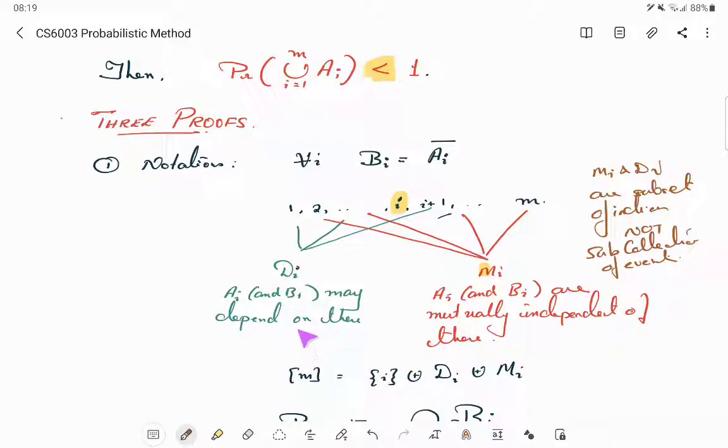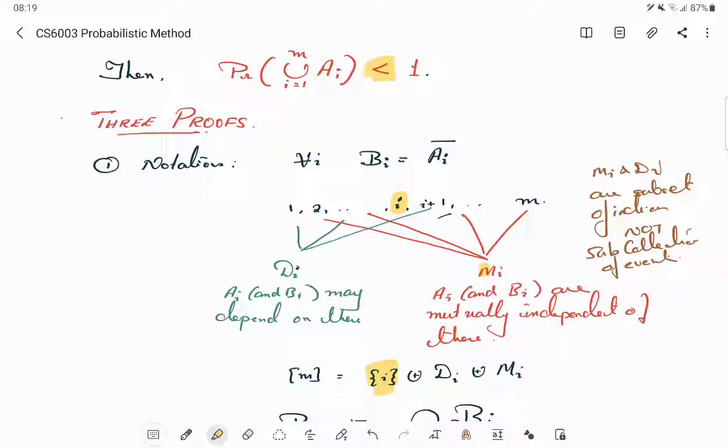But if you want to formally define these, first define Mi and then define Di as the range M minus i minus Mi. Note that this i here is neither in Di nor in Mi, okay? So M is in fact split into 3: the singleton i, then the dependent guys to Ai, their subscripts is Di, and the independent guys to Ai, their subscripts is Mi.